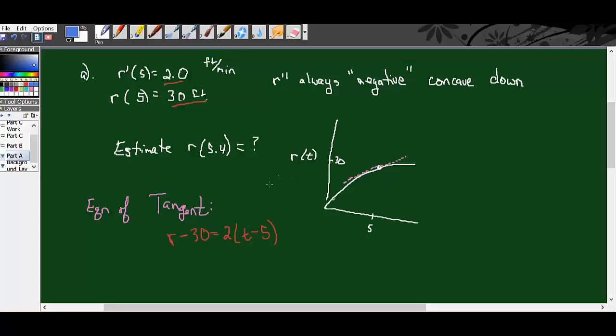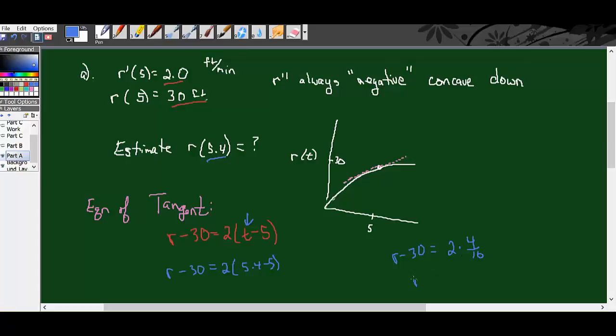I'm just going to let time equal 5.4 right there. So r minus 30 equals 2 times 5.4 minus 5. All right, so that's 4/10. So r minus 30 equals 2 times 4/10, which turns out to be 8/10.